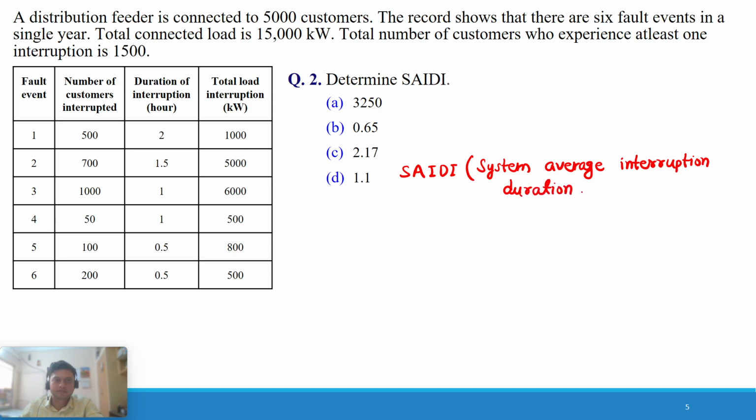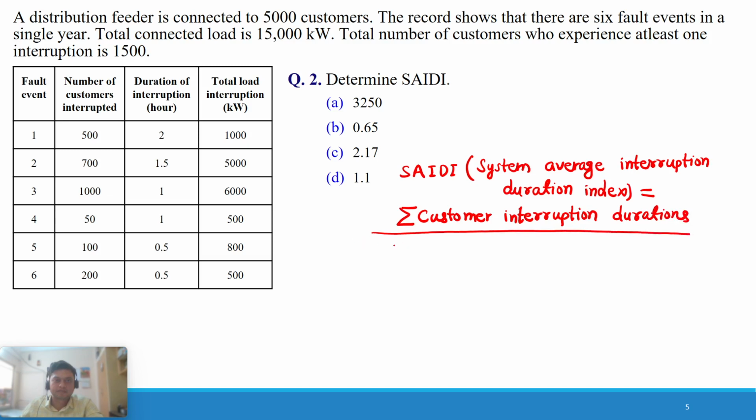We say it is the ratio of customer interruption duration to the total number of customers served.